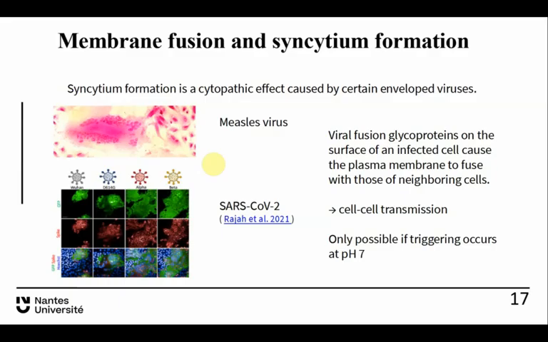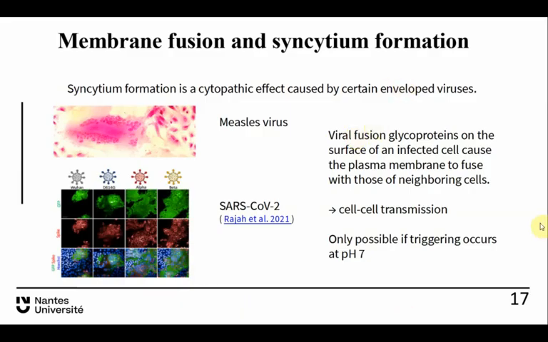But it's only going to be possible if two conditions are required. So the first one is that the fusion glycoprotein has got to be on the plasma membrane of the cell, which is not always the case. Sometimes the particles are formed in the endoplasmic reticulum and then exported, so the fusion glycoproteins aren't really concentrated on the plasma membrane.